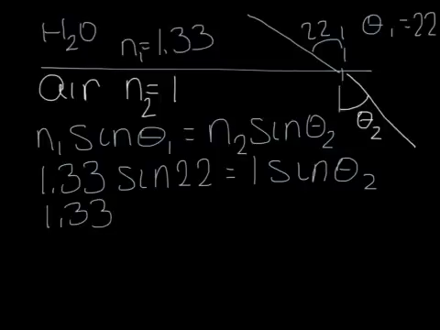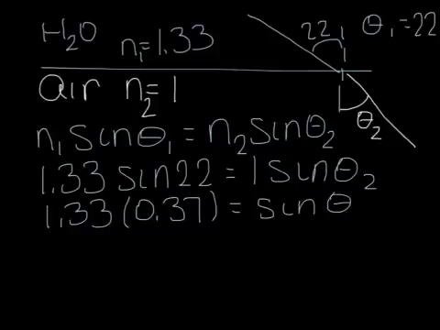The sine of 22 is 0.37, and 1 times the sine of theta 2 is just sine of theta 2.